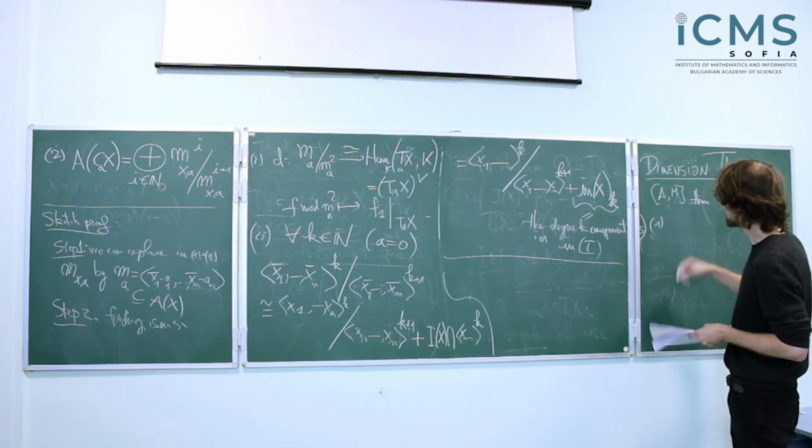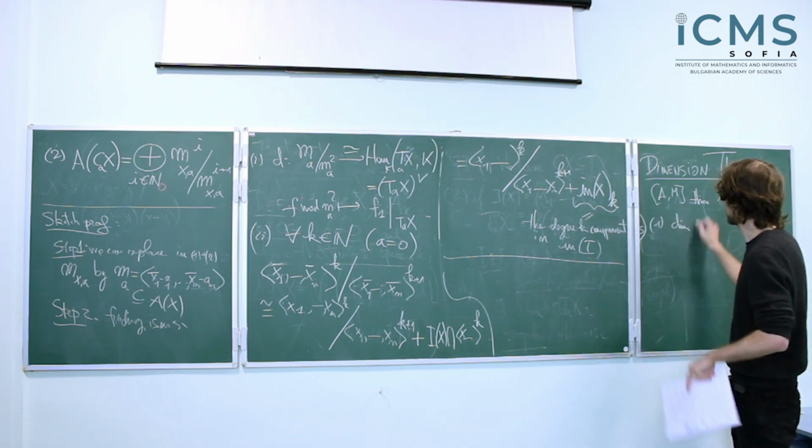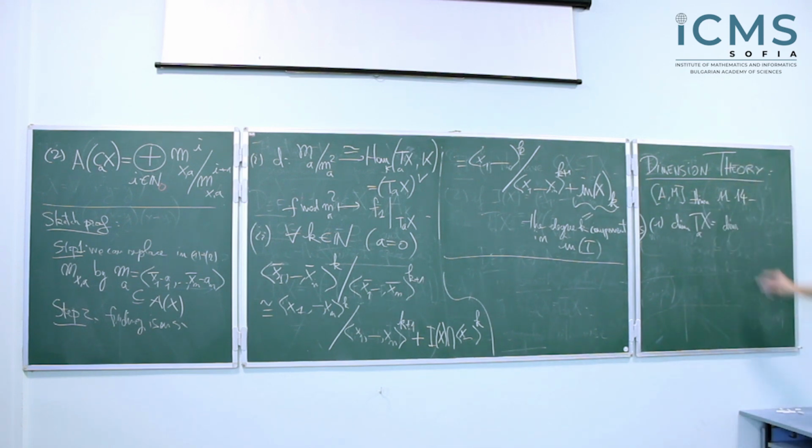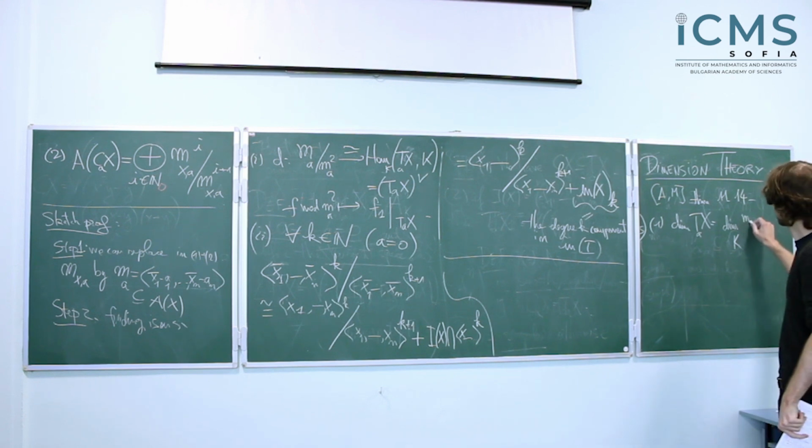So, the first thing we can stipulate is that the dimension of the linear space is simply the dimension of this quotient.